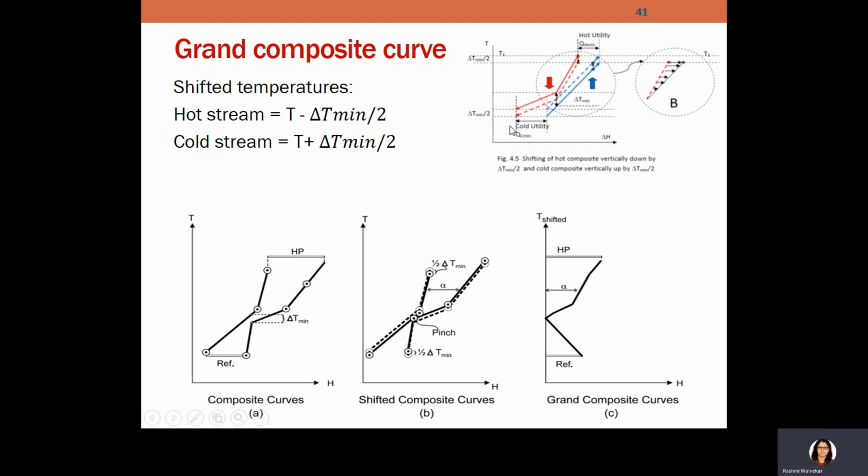So this is how you plot your grand composite curve. You need to shift your hot and cold composite lines up and down vertically, plus or minus 5 degrees. And then you obtain your hot utility requirement and cold utility requirement, which will remain the same. And the grand composite curve is obtained from the points from here to here.